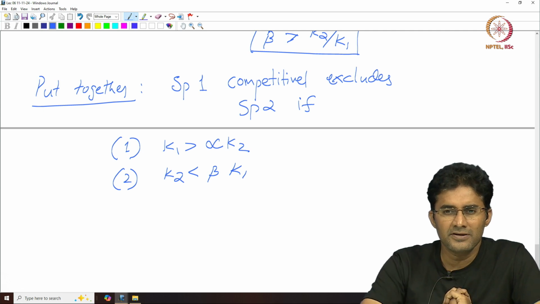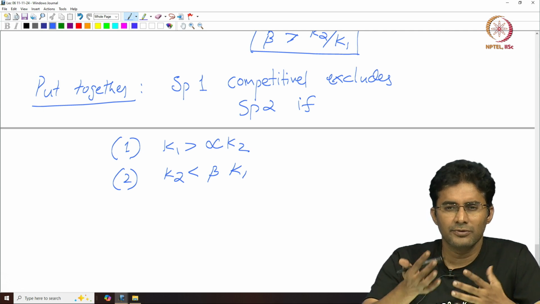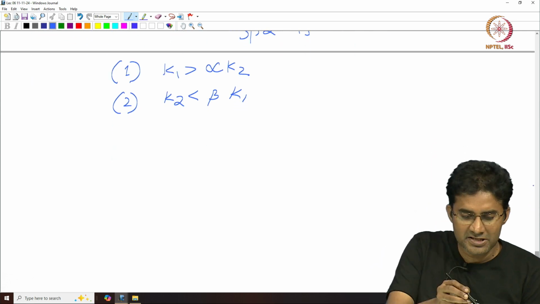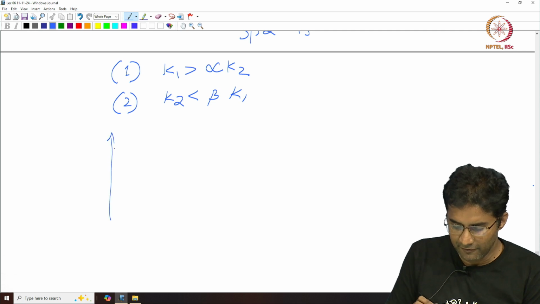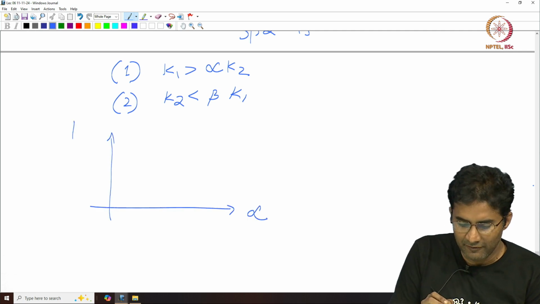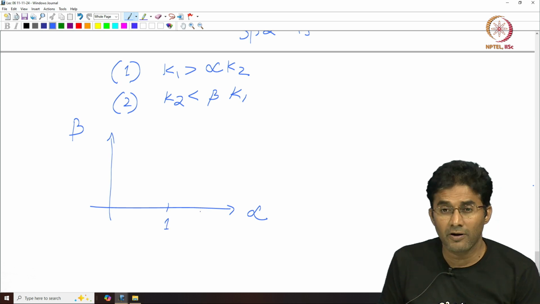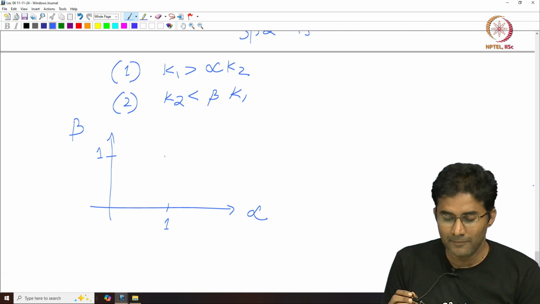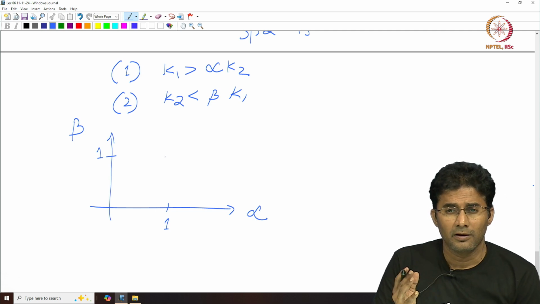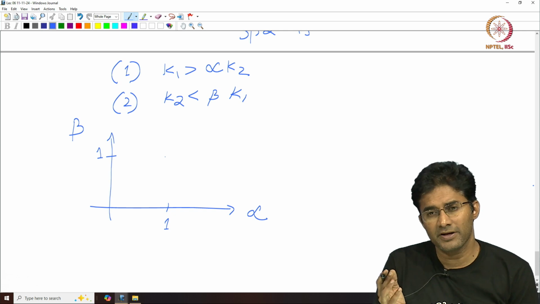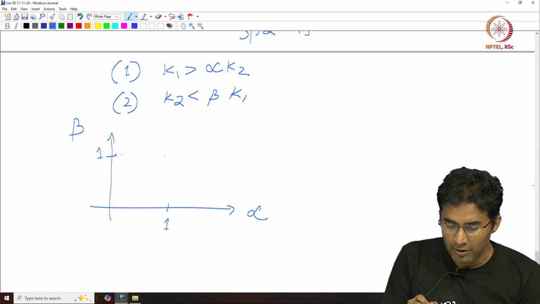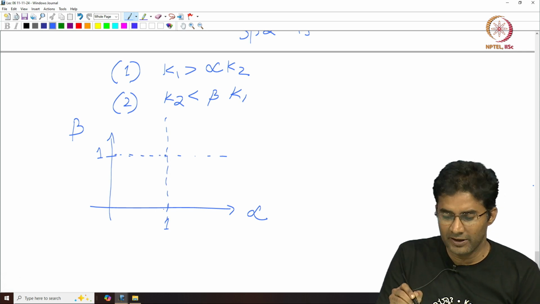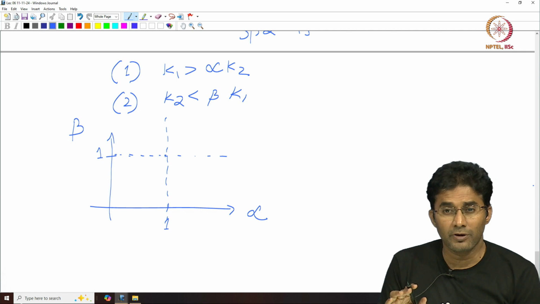It would have been difficult for me to guess that the carrying capacities also play a role. In fact, in the previous video where I made an intuitive picture of how alpha and beta determine the outcome of competition, you might recall this graph where we had alpha and beta on two axes. Alpha equal to 1 and beta equal to 1 meant that the interspecific and intraspecific competitions for both species are equal, and we can divide this plot into 4 different parts.